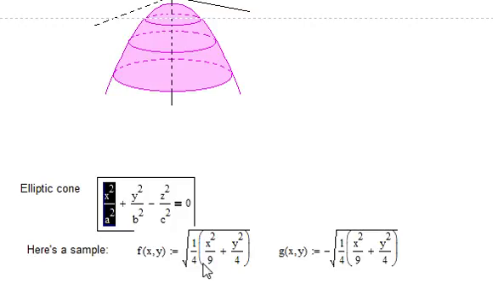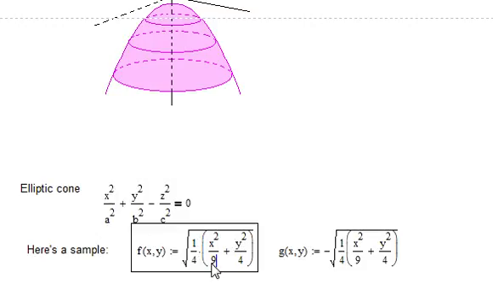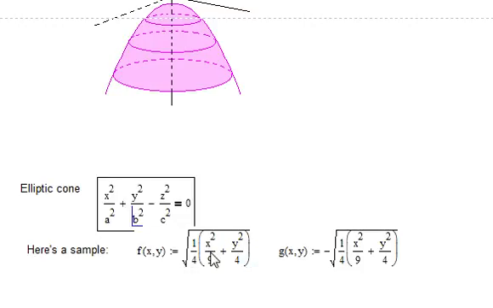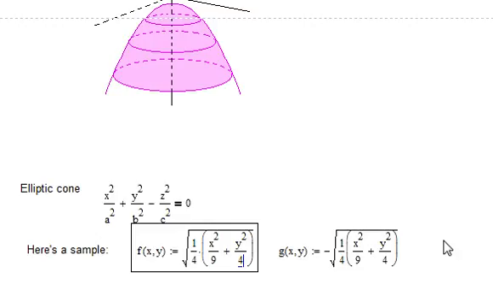So let's look at one. What I did with this one, I let c be 1/4 and a squared is 9, so a is 3 and b is 2, so b squared is 4.